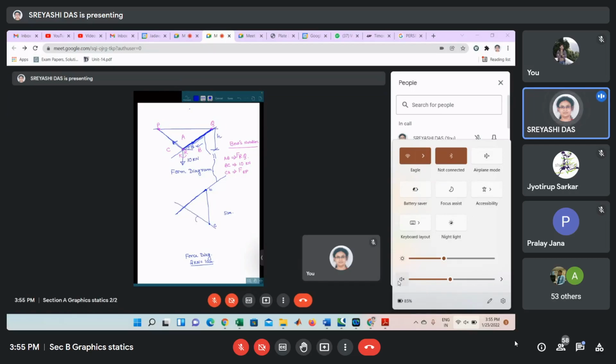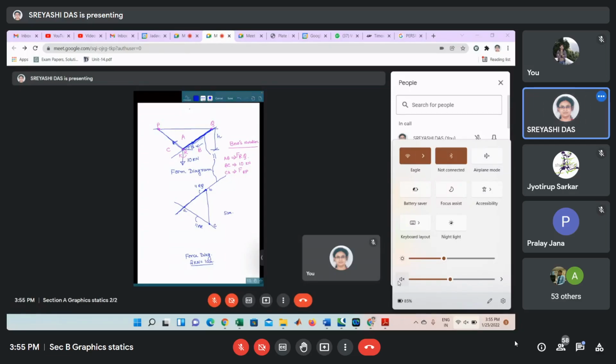This line will be parallel to PR and this line will be parallel to RQ, because in these cases we know the force direction but we don't know the magnitude. So now these two lines intersect here at point small a.